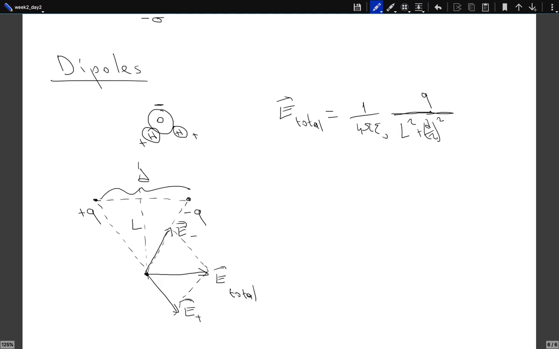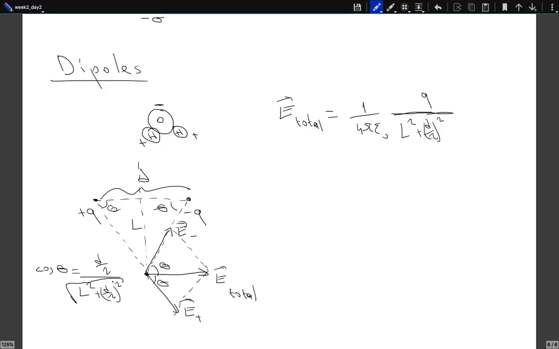Then to calculate the horizontal component, I have to multiply with the cosine of that angle, theta. This is theta. And cosine of theta is d over 2 divided by the square root of L squared plus d over 2 squared. D over 2 is this length, and this square root is this hypotenuse.